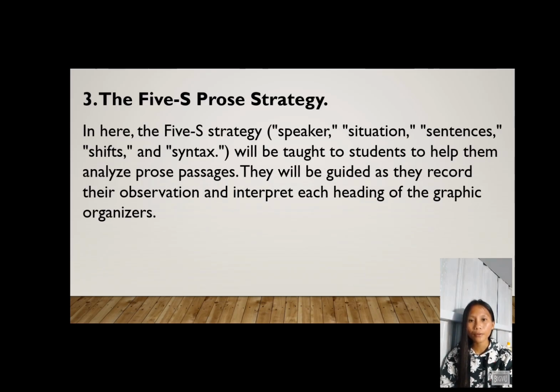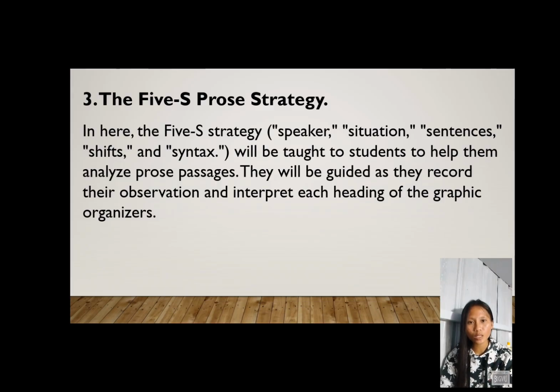Last is the 5S prose strategy. In here, the 5S strategy, speaker, situation, sentences, shifts, and syntax, will be taught to students to help them analyze prose passages. They will be guided as they record their observations and interpret each heading of the graphic organizers, which means that these strategies give students a framework for analyzing prose.